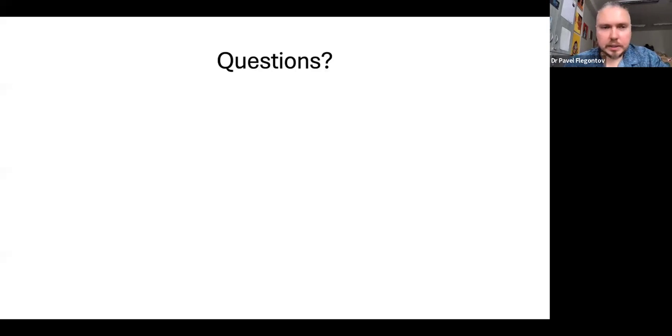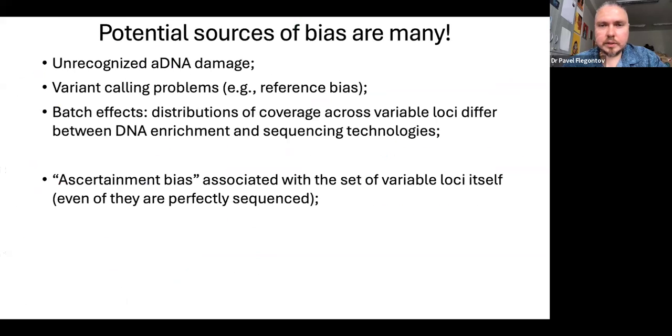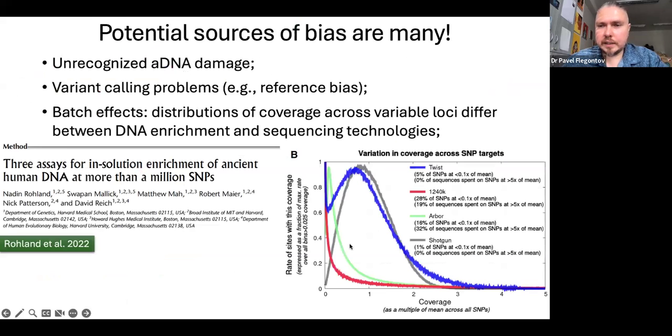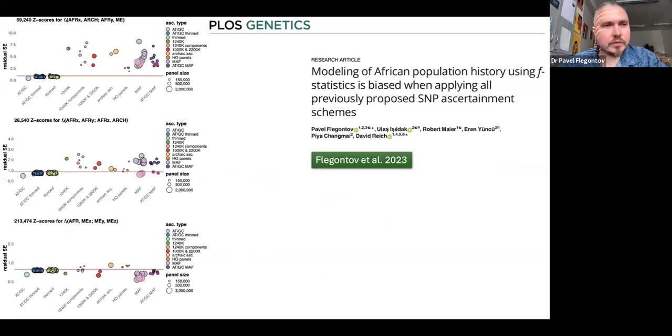Technology can cause bias, as we said, mostly due to this effect, while ascertainment bias, in the case of F statistics and other analyses relevant for population history, affects results. But it affects results, as we showed in this publication, almost exclusively when we analyze Africans.